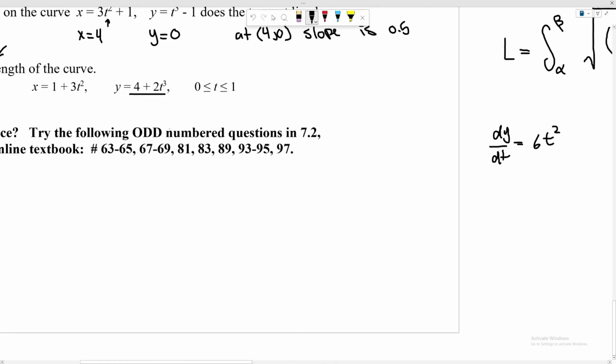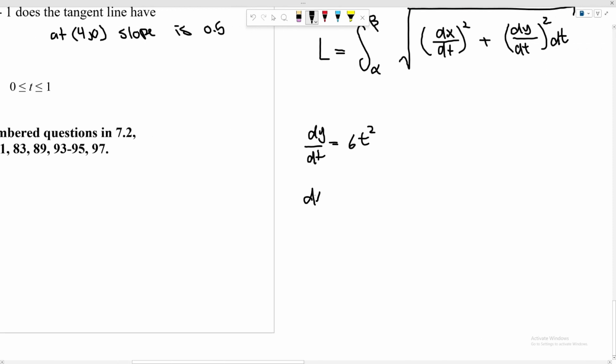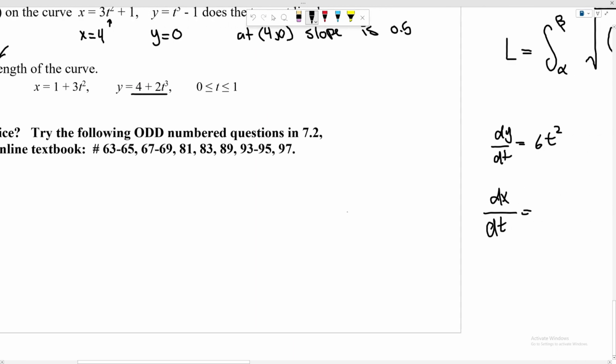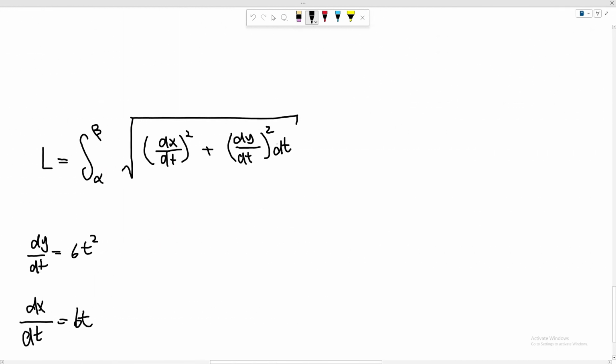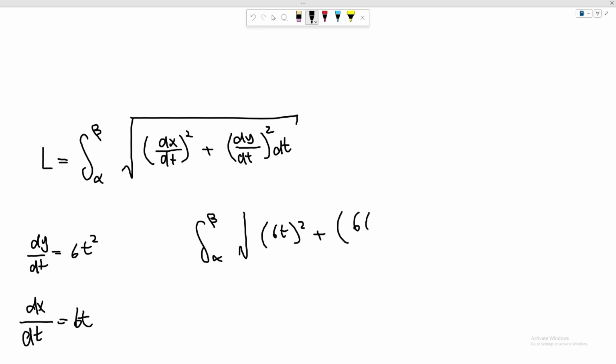And our second is 3t, so dx over dt, which is 6t. Now you gotta plug those in here. And so when we plug those in, what we'll get is the integral from alpha to beta of the square root of my 6t squared plus my 6t squared squared.